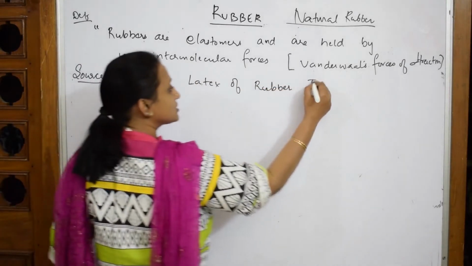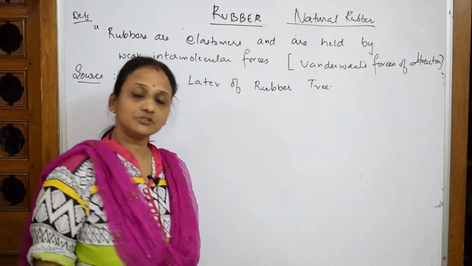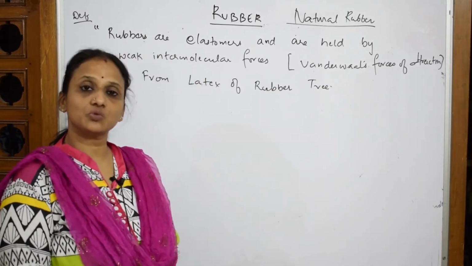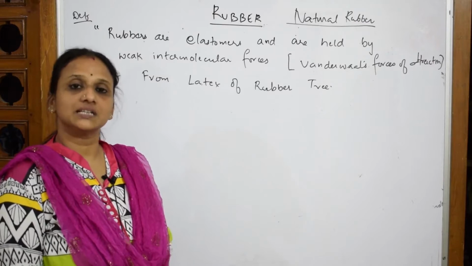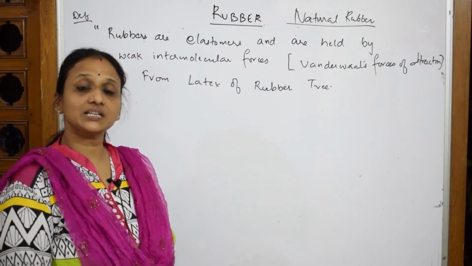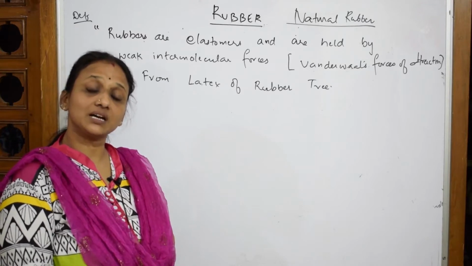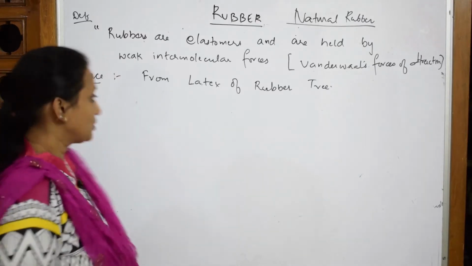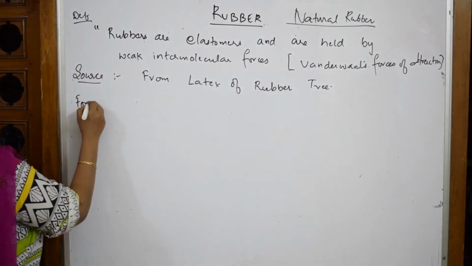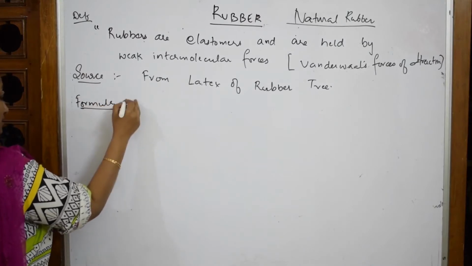This is also fine, but basically the structure is important for us. So when I have to write the structure, or if they ask me what is the formula for natural rubber, important, you have to write. It is basically, or we write it as 2-methyl-1,3-butadiene. Okay, let us write the formula first.